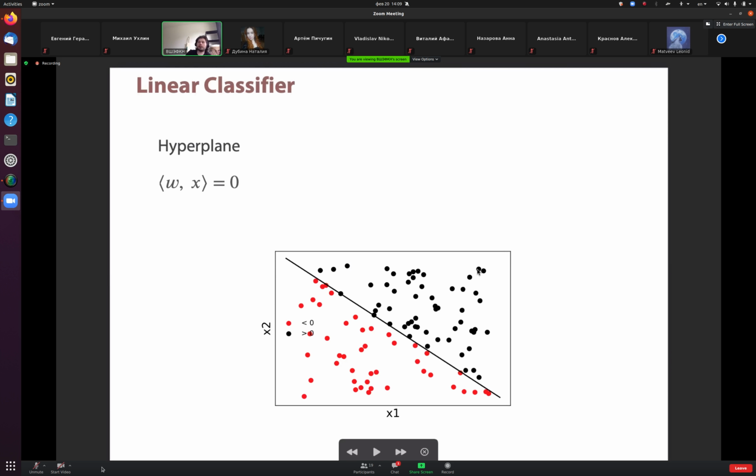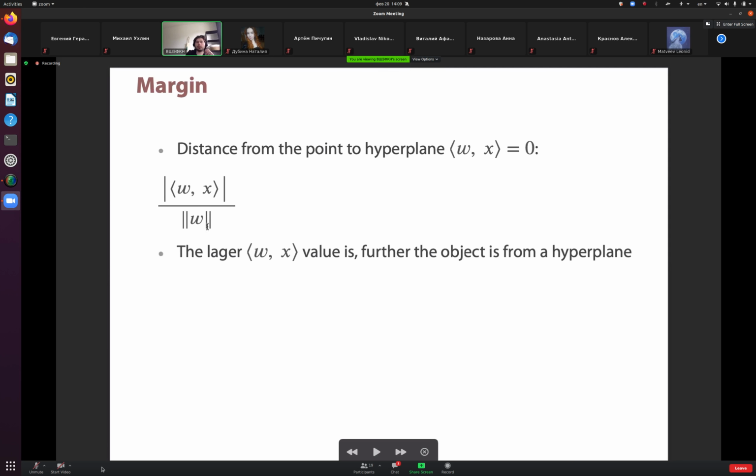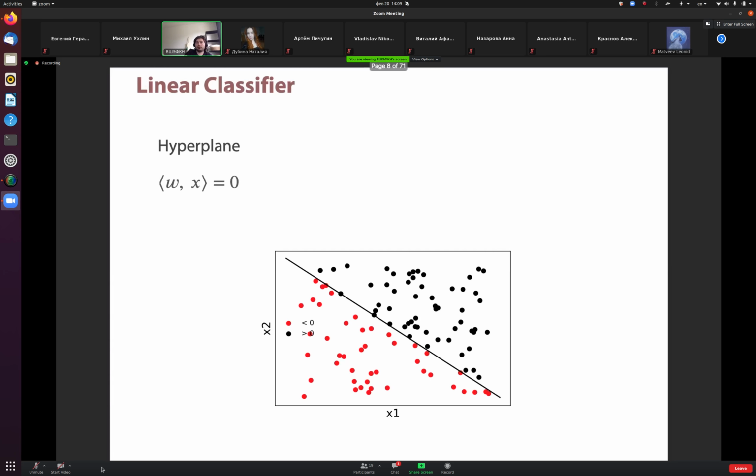But these points are deeply positive, and these are deeply negative, so we're sure about these two classes. Let's formalize this notion. Let's define the distance from our point to the hyperplane, the line that separates our two classes. The larger it is, the further the point is from the separation line.